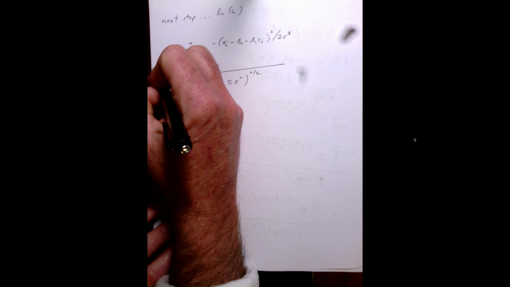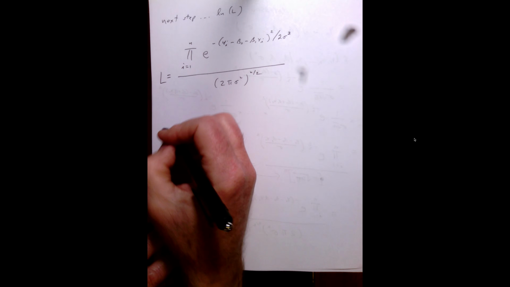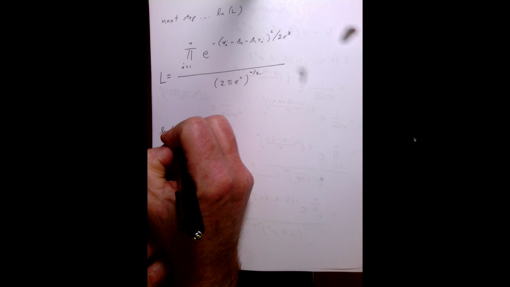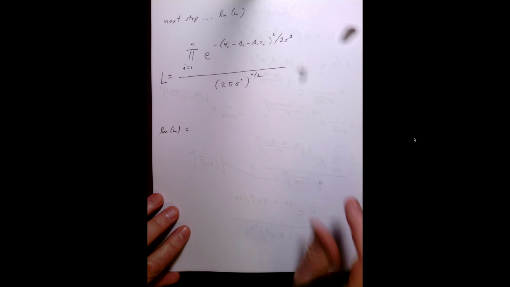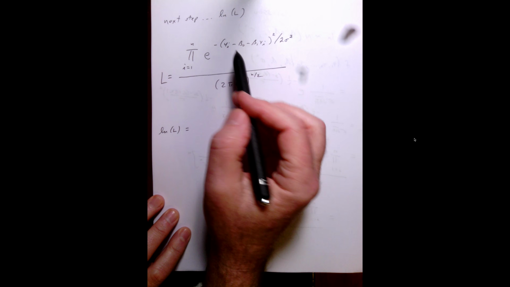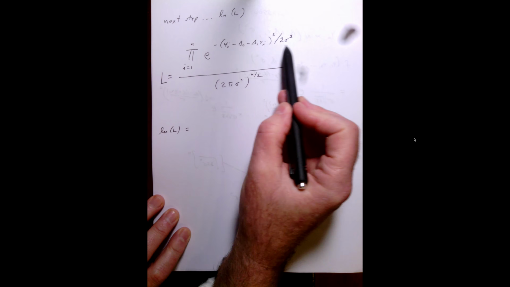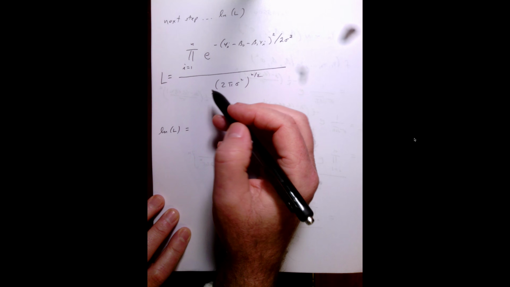Now again, this is L, not natural log of L. So transitioning into the natural log of L, when we take the natural log of e and take a product, it just turns out to be the sum of the exponents. So that's really cool there.